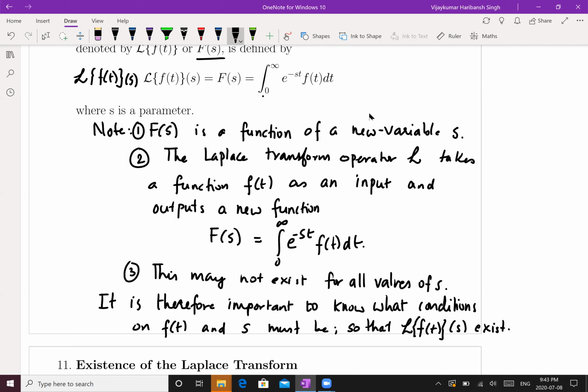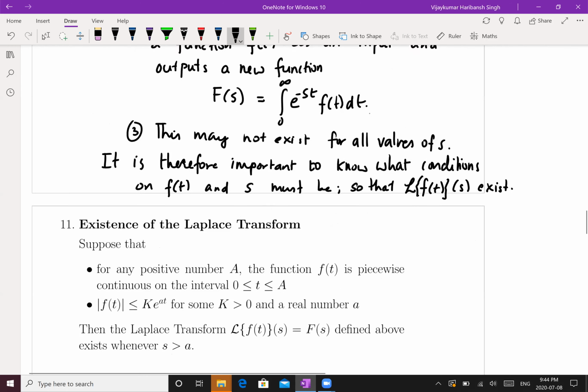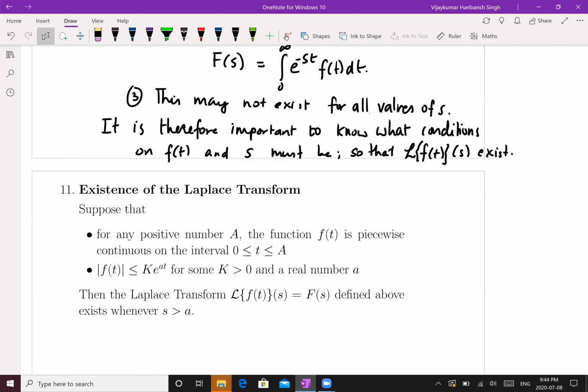Okay, so these are the two properties we need for a function to have a Laplace transform. For any positive number a, the function f of t must be piecewise continuous on [0, a].